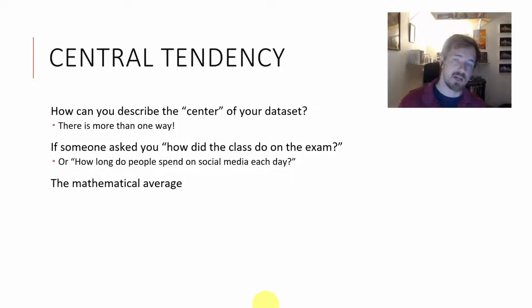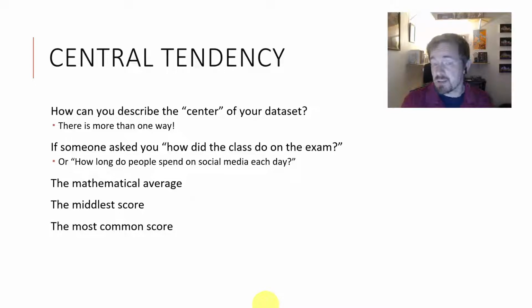Those questions are probably best answered with the mathematical average, or maybe they mean the middlemost score. So what is the score that represents the middle of that distribution? Or maybe they're going to be asking for the most common score. Which of those is the most frequent?